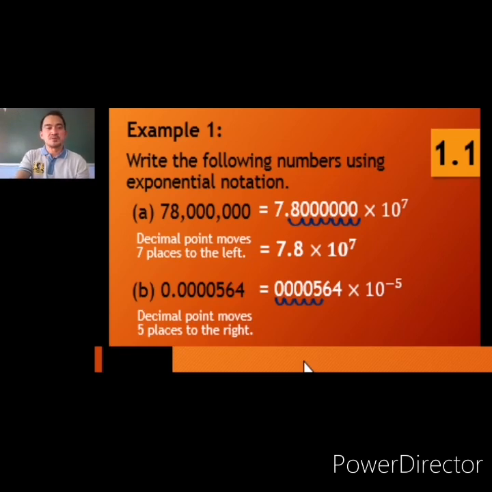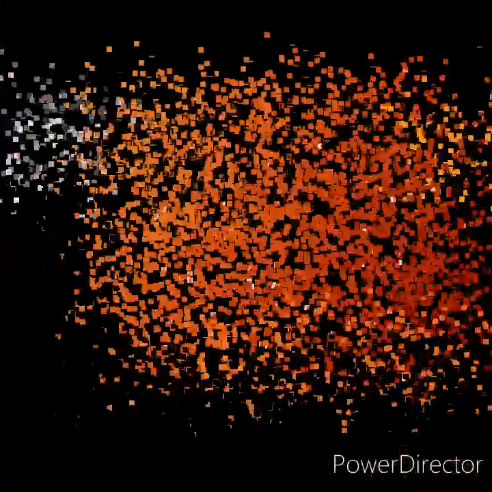By moving the decimal point 5 places to the right, 0.0000564 can be expressed in scientific notation as 5.64 times 10 raised to negative 5.